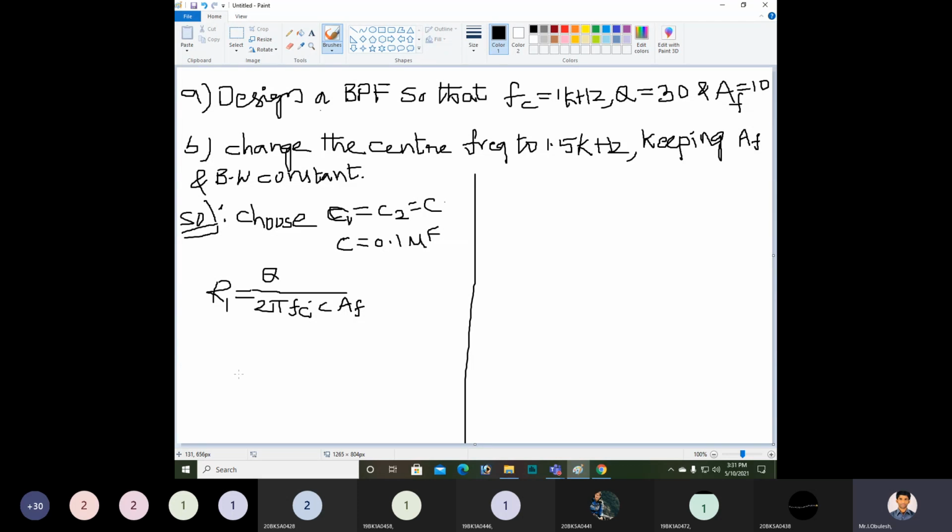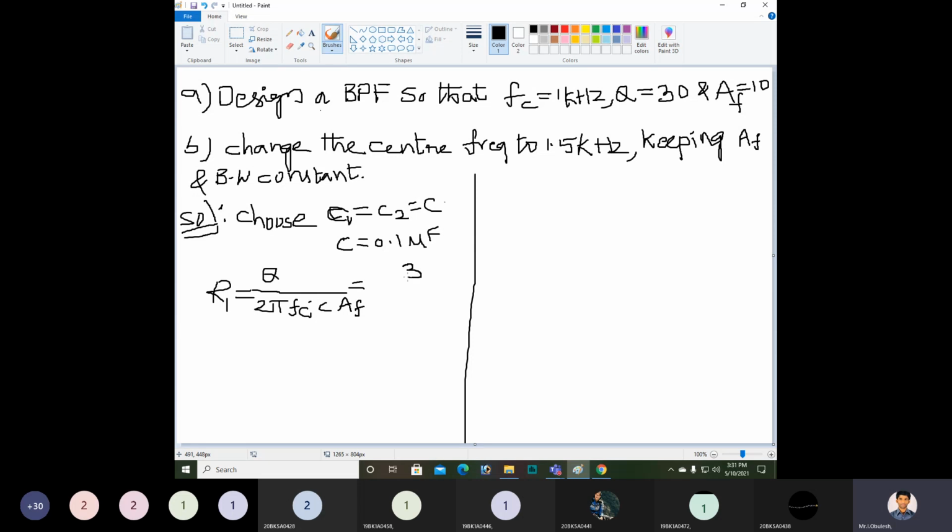What is the formula for AF? Or you give the AF value. What is the AF value? 10, right? You give AF also. Substitute all values and tell me the answer.